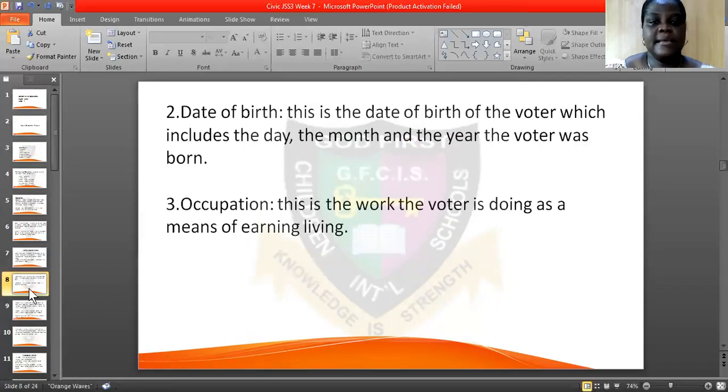Now, the next information is the date of birth. This is the date of birth of the voter, which includes the actual day the voter was born and the year that he or she was born. Another information is occupation. The work the voter is doing to earn a living is called occupation.